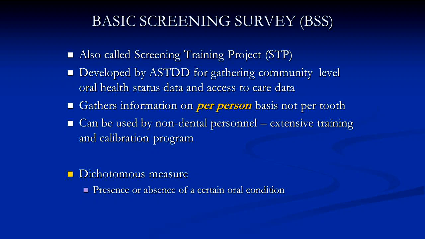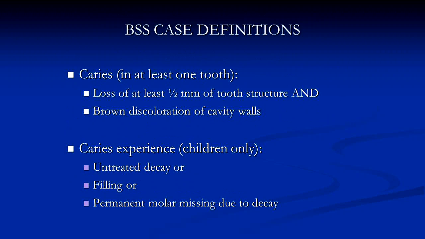So the Basic Screening Survey, the BSS, is a dichotomous index, meaning you're just looking at whether there's a presence or an absence of a certain oral condition. So some case definitions. Caries. This case definition could be either adults or kiddos.